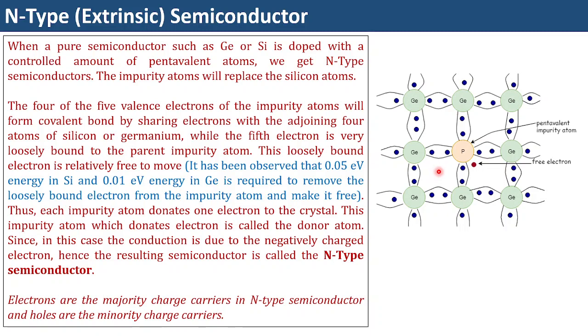All right. So there could be a situation where these bonds will be broken and you will have a hole. So that is why, although we have a majority of electrons in the n-type semiconductor, holes also may be there in a small proportion. So we call electrons the majority charge carriers in an n-type semiconductor.